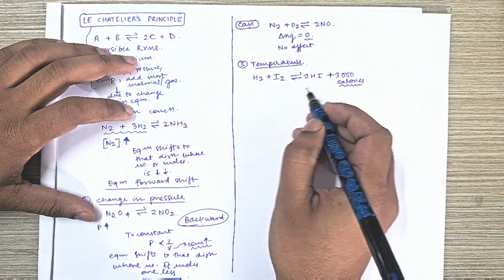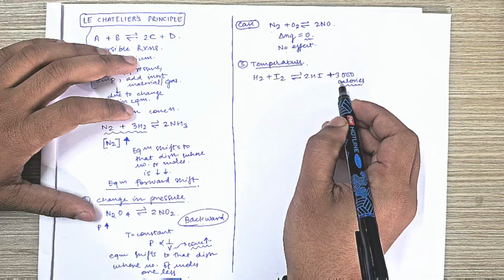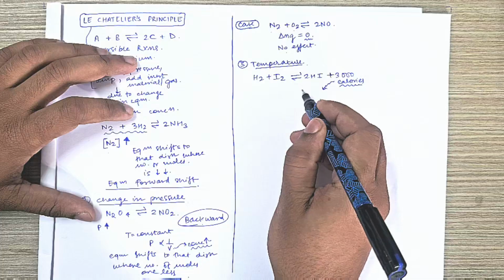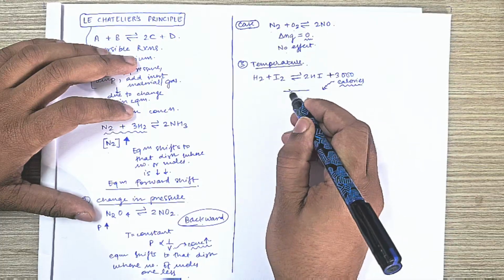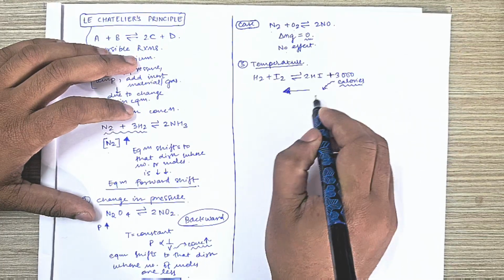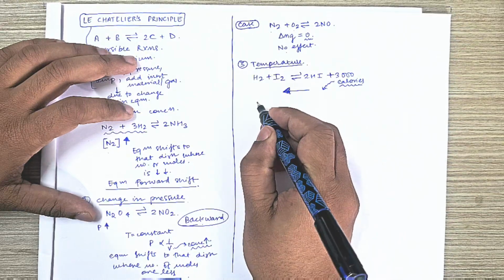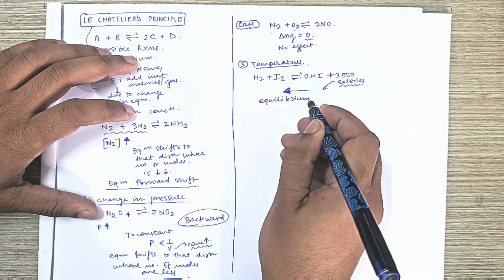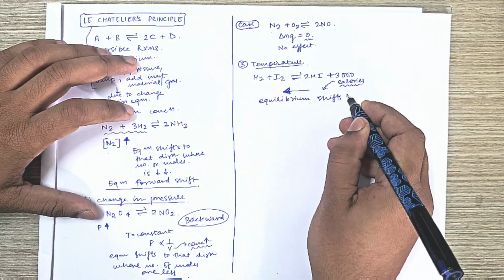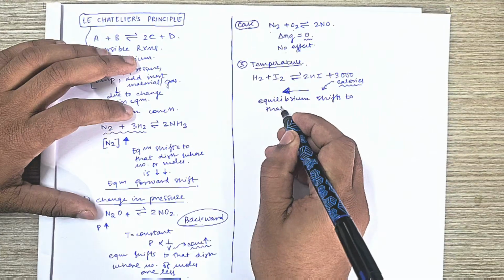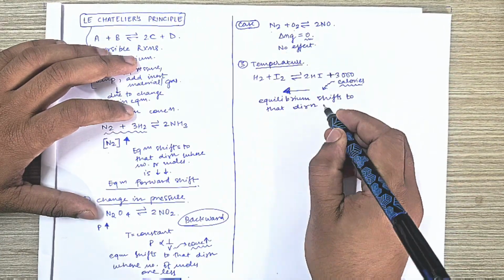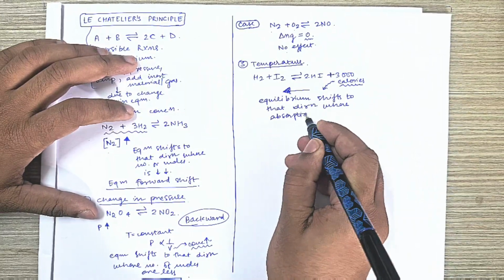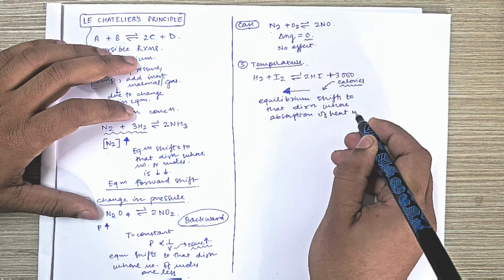So this 3000 calories is now going to be removed from the reaction, and for this the reaction should happen in this direction to remove all the heat, right? So the equilibrium shifts to that direction where absorption of heat is there.